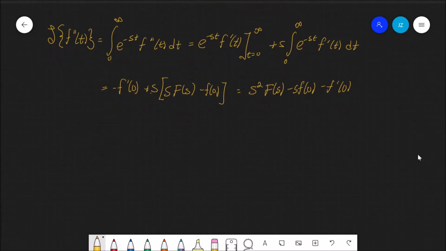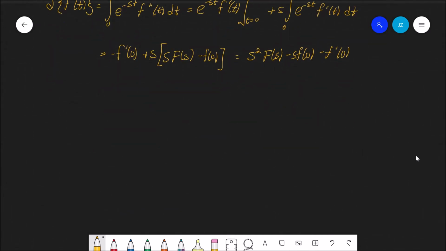In general, we have f prime all the way up to the n minus first derivative as continuous on 0 to infinity and are of exponential order.